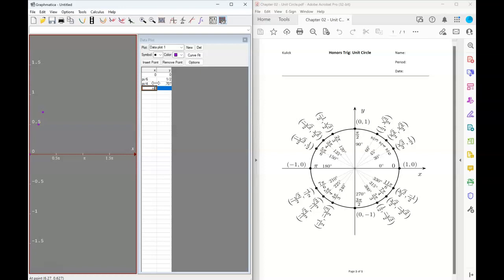Then we have pi over 3, and square root 3 over 2 is approximately 0.866. I have pi over 2 and 1. And I'm just going to keep marching along the unit circle, plotting these points as I go.